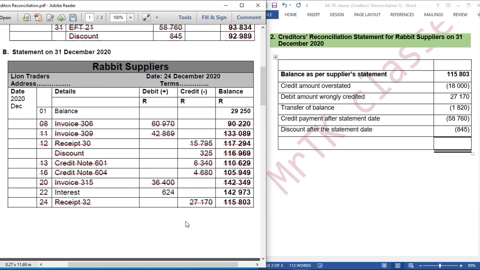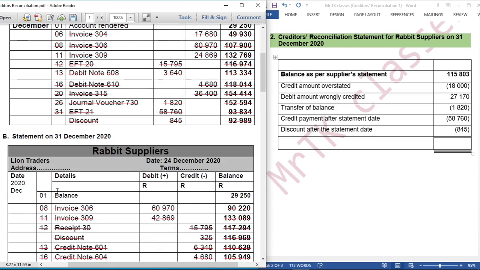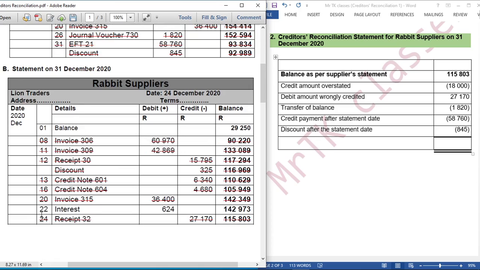Then now we are left with this one, and it is an interest. It is increasing the amount due. So this interest was charged by our supplier. I think this is interest on overdue account, because it is increasing what we owe with them. It is increasing the outstanding amount, which means we were being charged.